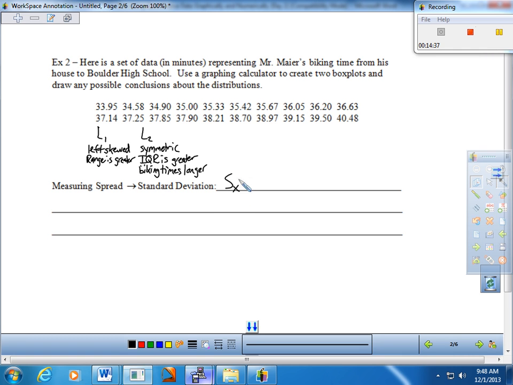So the standard deviation of our values measures the average distance of the observations from their mean.